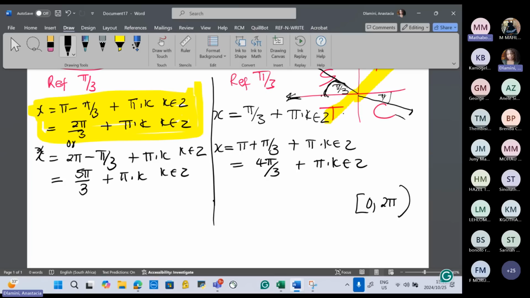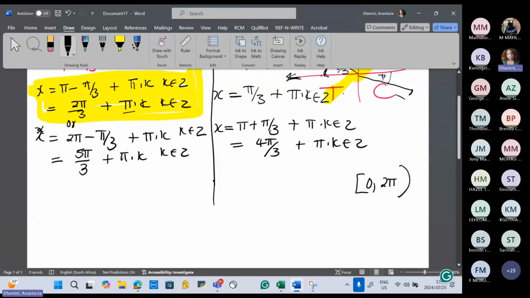Remember I said normally start at -1 and see what happens. So if you choose k equals -1 here, what do we get? It's minus 2 pi over 3. So it's not in the interval. Do you see that? Yes.